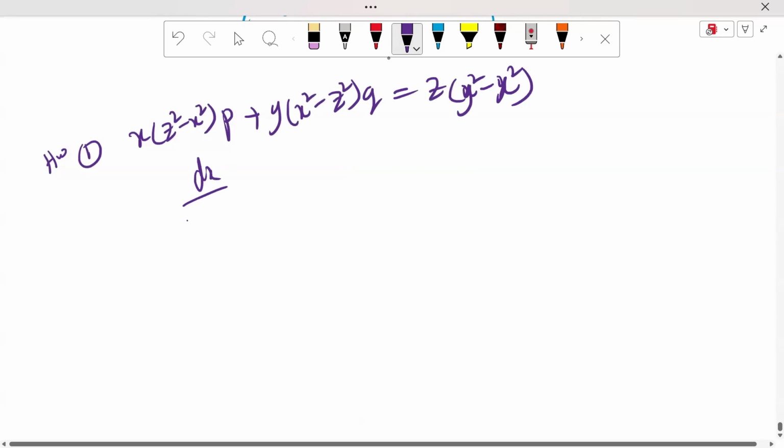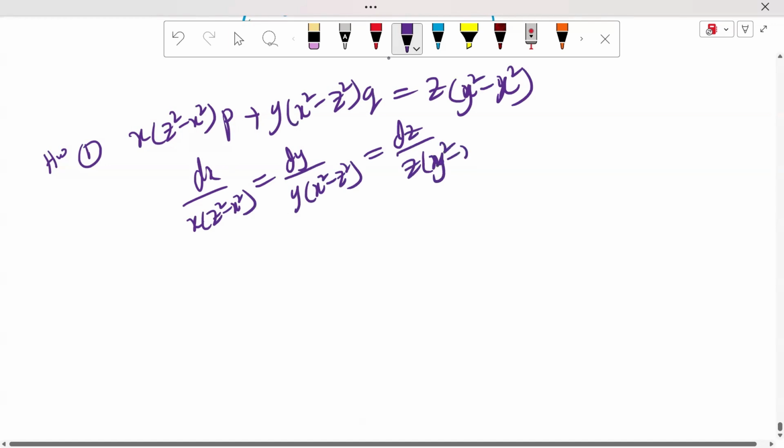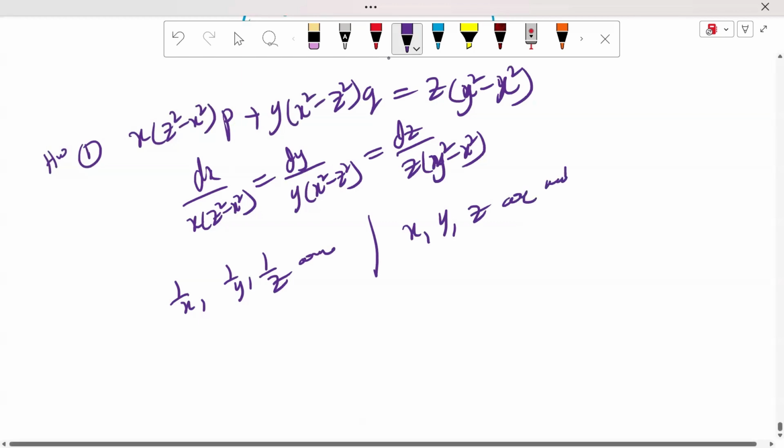It is nothing but dx by x into z square minus x square, dy by y into x square minus z square, dz by z into x square minus y square, sir. We can observe that 1 by x, 1 by y and 1 by z are the multipliers. First multipliers, second multipliers x, y, z, sir.